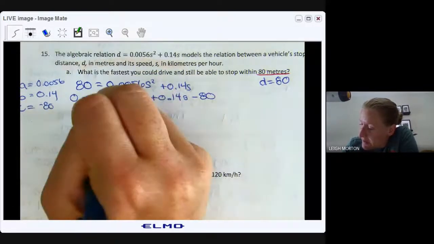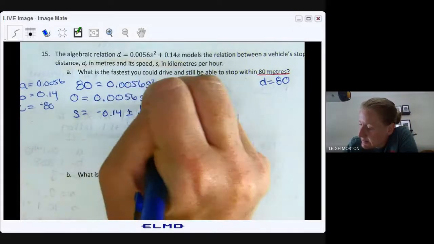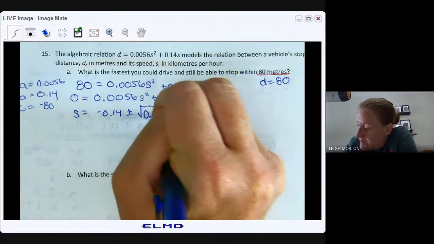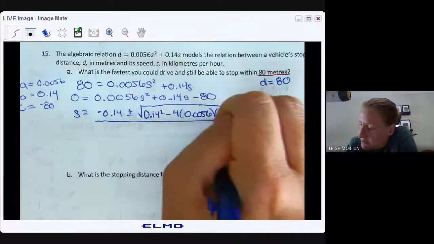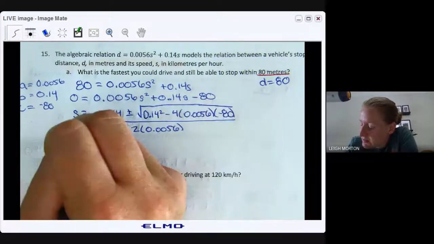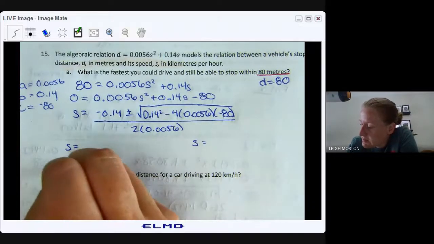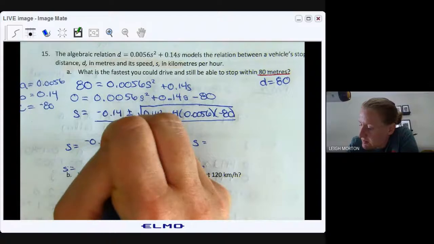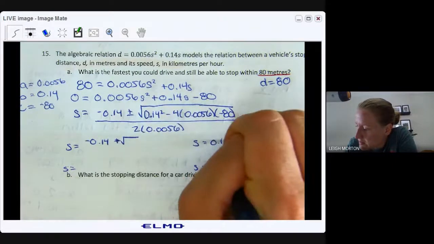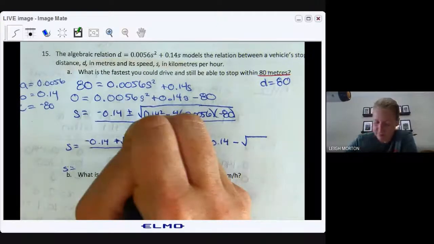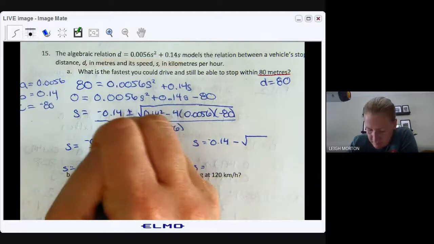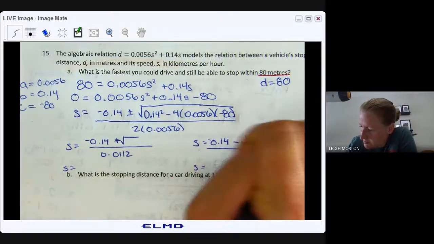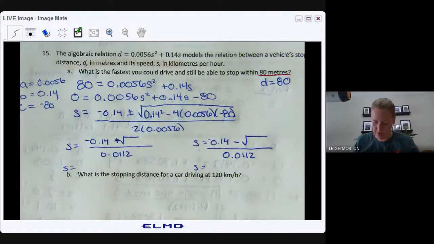So s equals negative 0.14 plus or minus the root of 0.14 squared minus 4 times 0.0056 times negative 80, divided by 2 times 0.0056. 0.14 squared minus 4 times 0.0056 times negative 80.